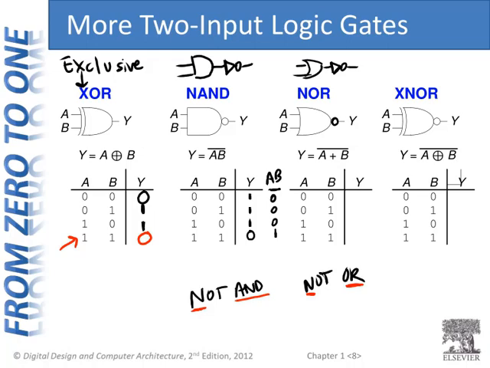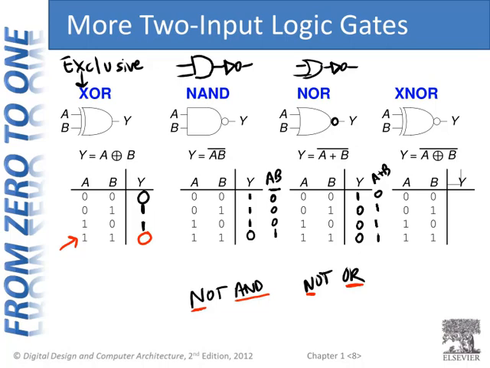So OR, A or B, would have been true whenever either A or B or both are true. So not OR would be the opposite of that. We get 1, 0, 0, 0. So a NOR gate is a not OR gate.